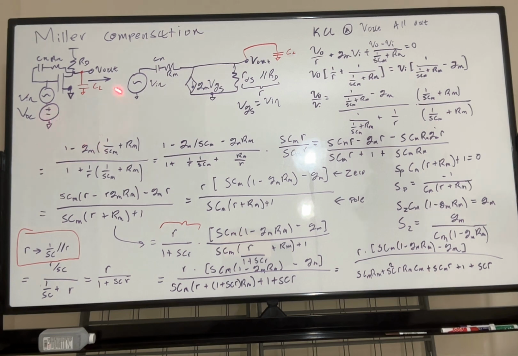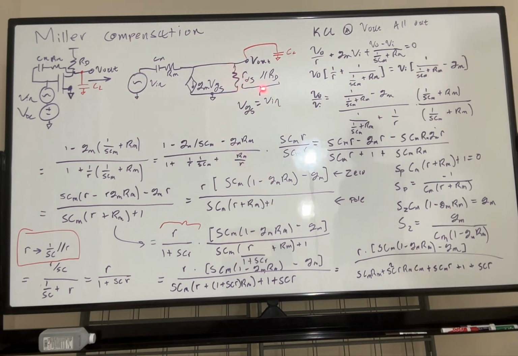So I've drawn the circuit here, and you'll notice I've drawn the load capacitance in red. You'll see why that's the case. But bear with me. For now, in our initial analysis, we'll ignore it, but we'll get to that. So here's our small signal model, right? Very simple.